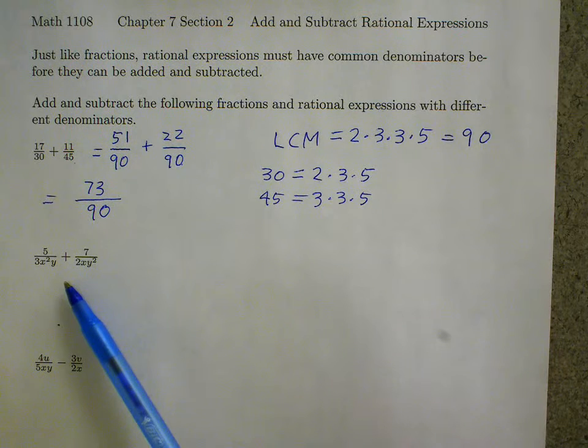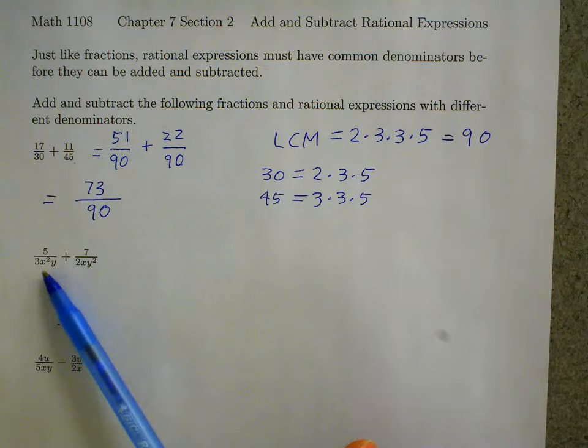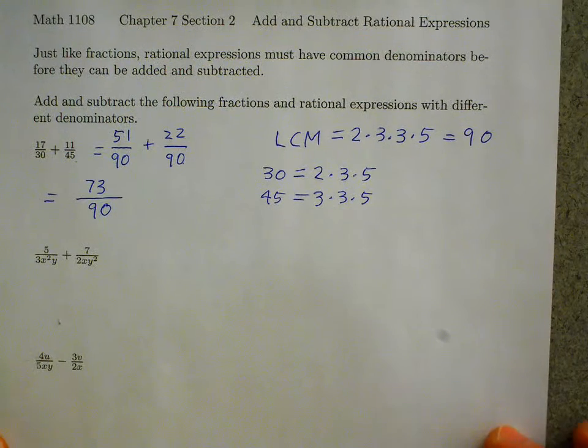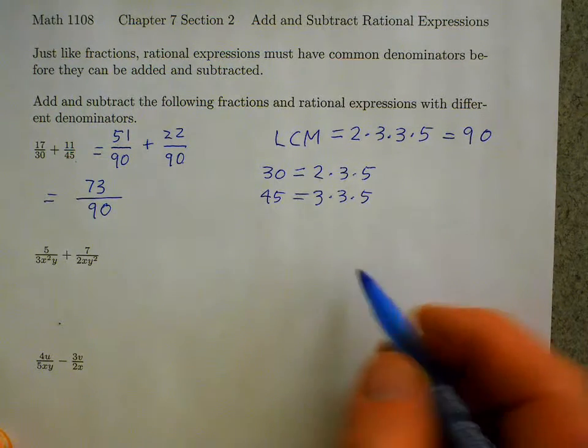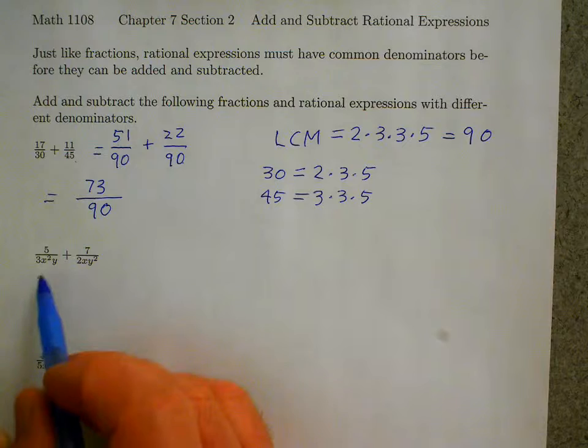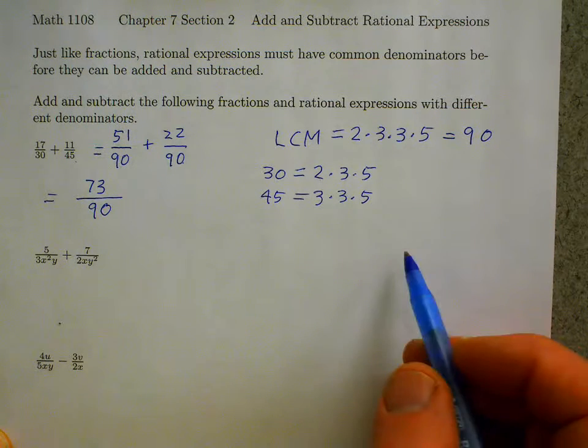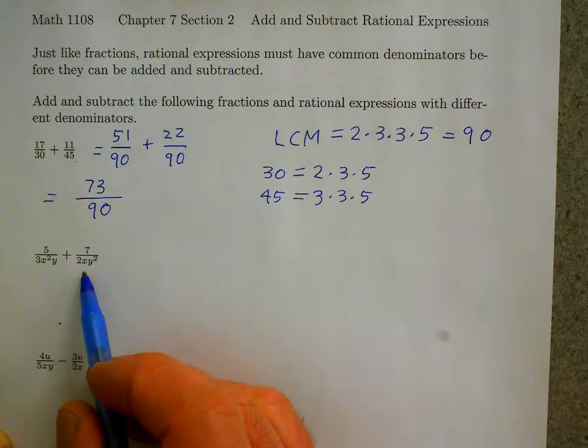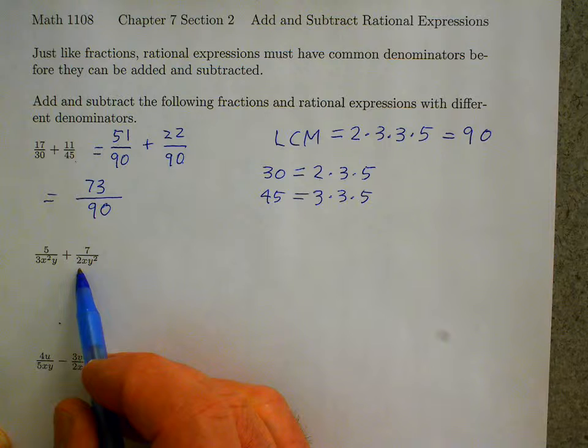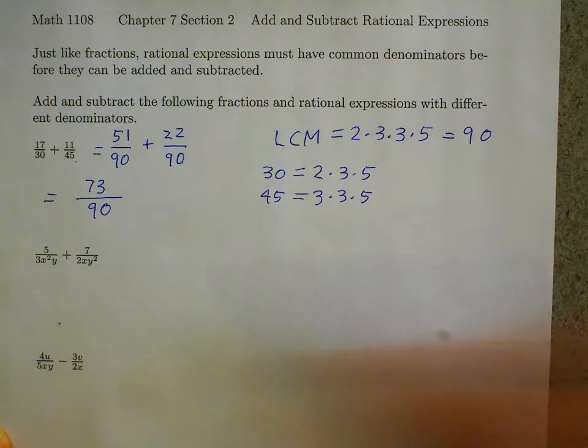We use the same idea if the fractions have variables. On this one, 3x squared y is one denominator. The other denominator is 2xy squared.